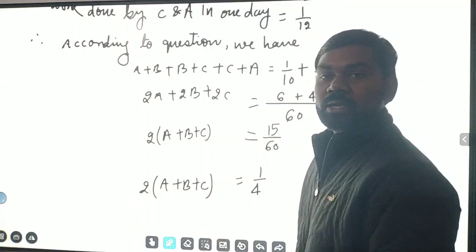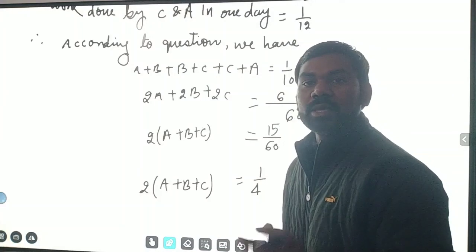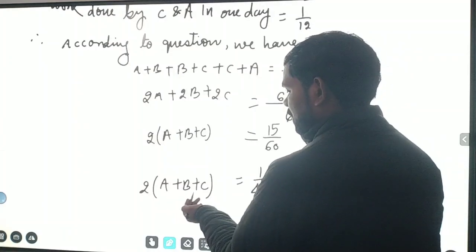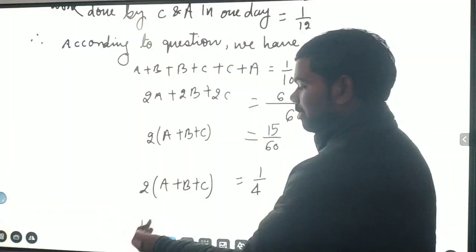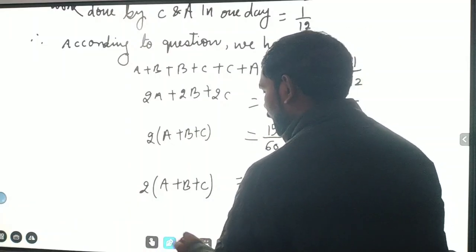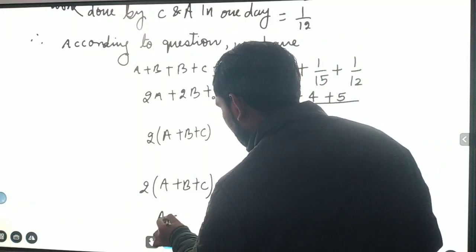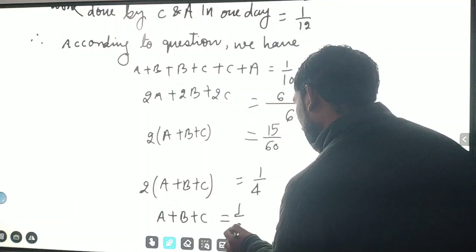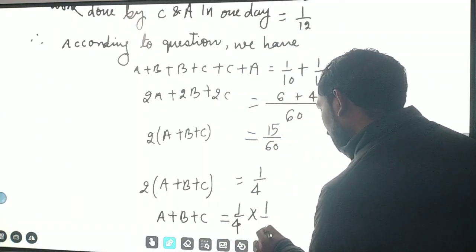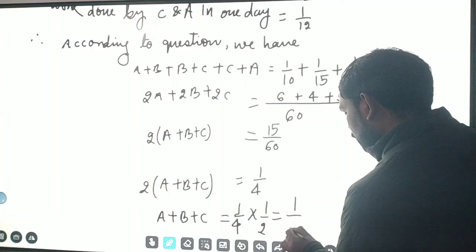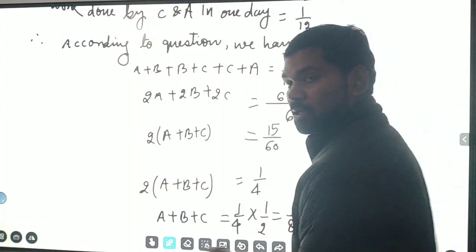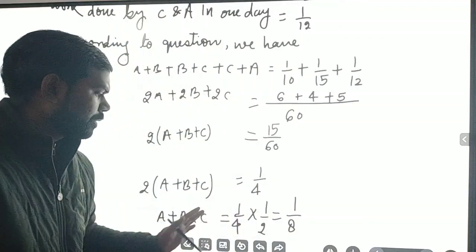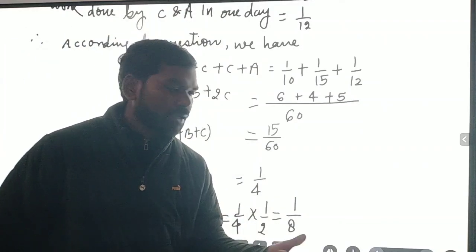Since we have to find out the work done by A, B and C in one day, and here A, B, C are twice, we move this 2 to the right hand side and write A plus B plus C is equal to 1 by 4 into 1 by 2, which is equal to 1 by 8. This 1 by 8 represents the work done by A, B and C in one day.